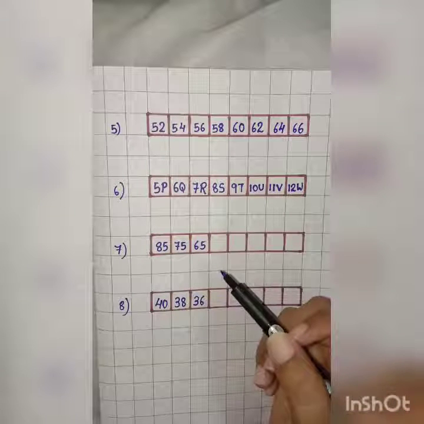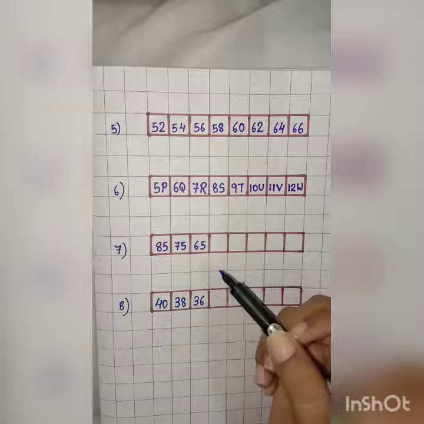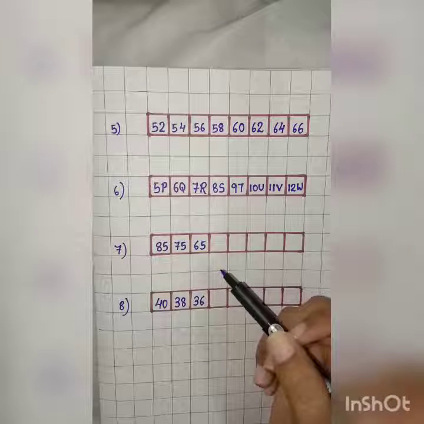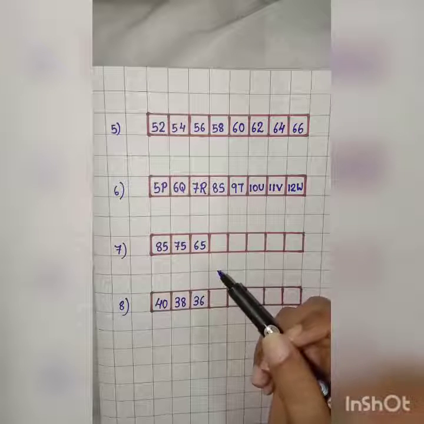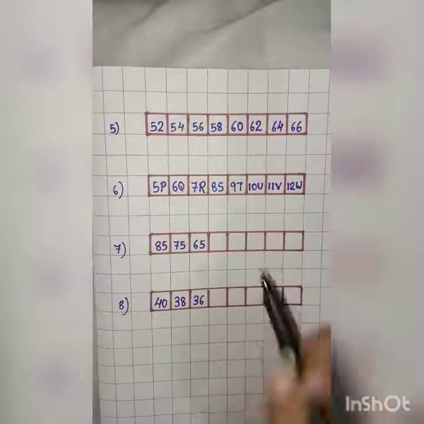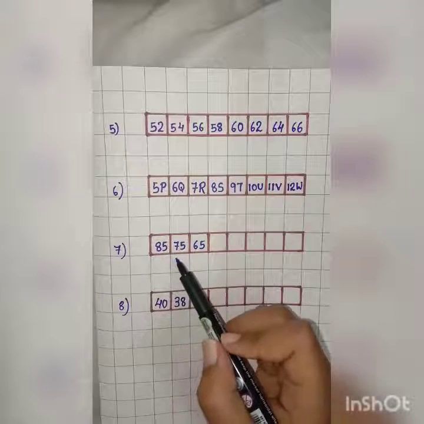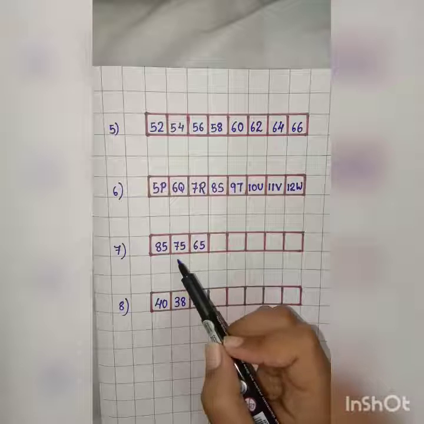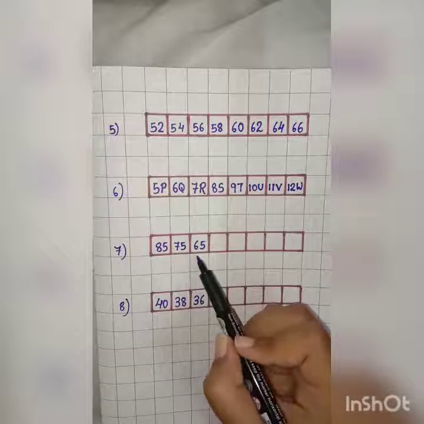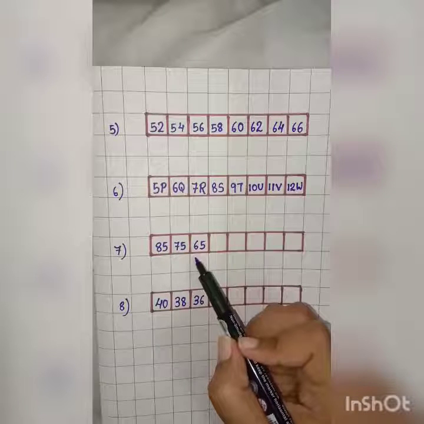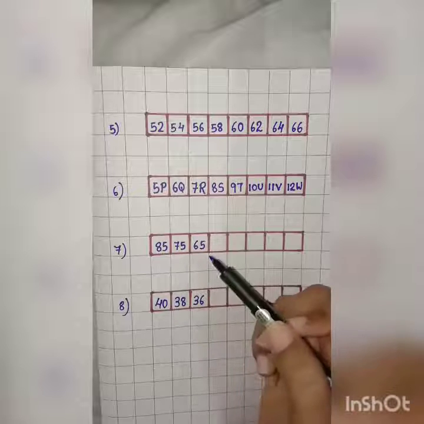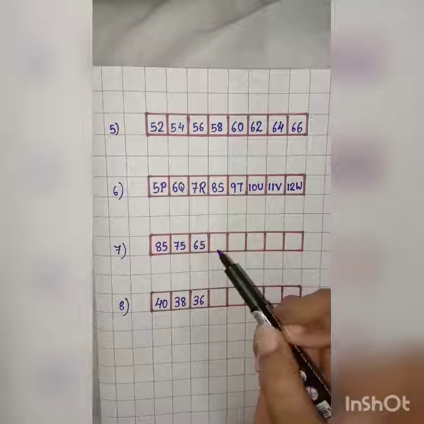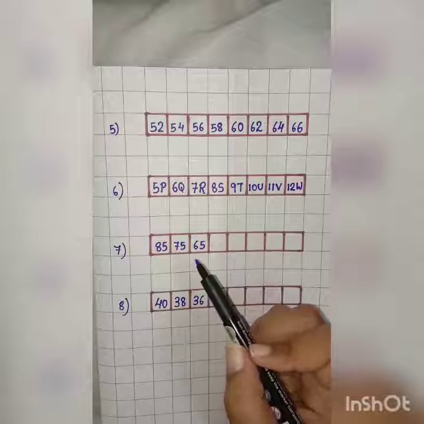Yes, it is backward counting because the numbers are arranged from bigger to smaller. 85 is bigger than 75 and 75 is bigger than 65. Now you know how to complete this pattern. Try to do it.